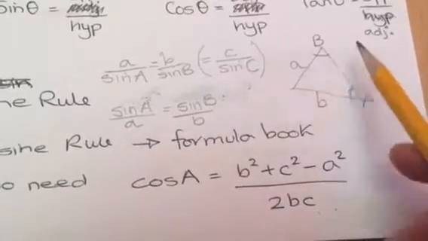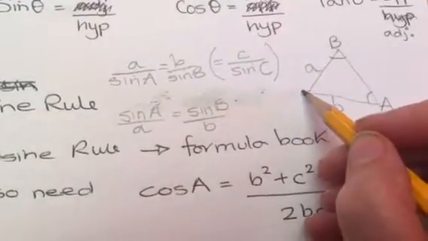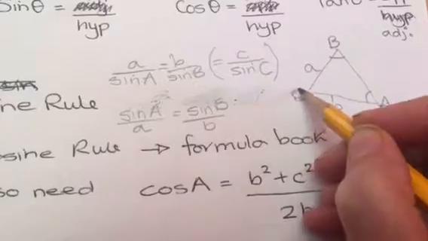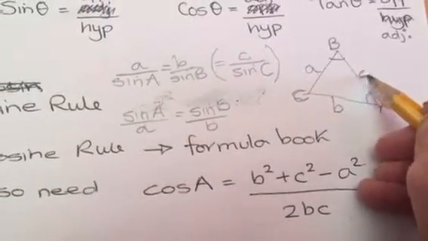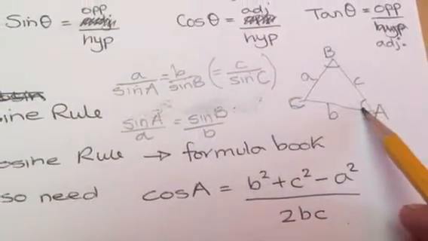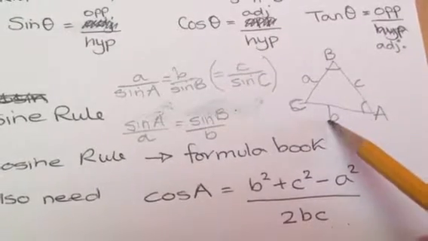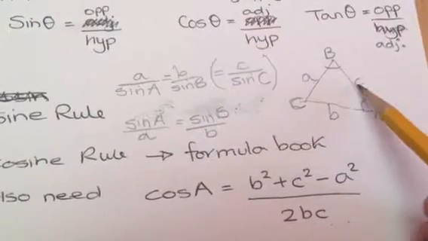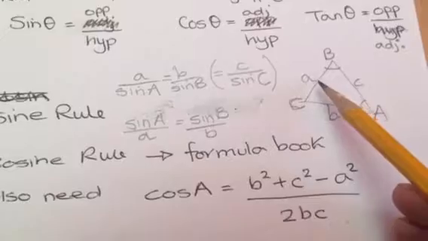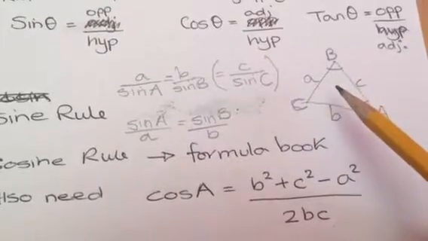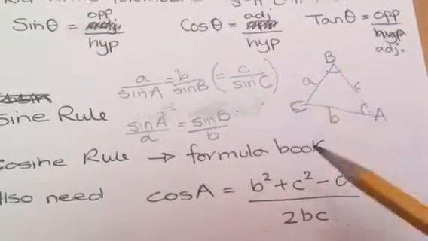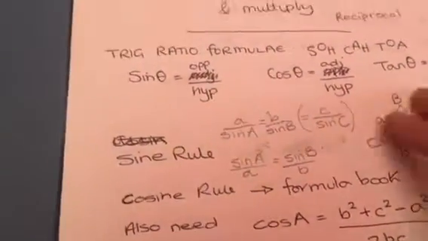And again, labelling like you've got for this triangle here. So the third angle is angle C and the third side. So we've got the cos of this angle is equal to this side squared plus this side squared minus a squared divided by 2bc. So that's the cosine rule.